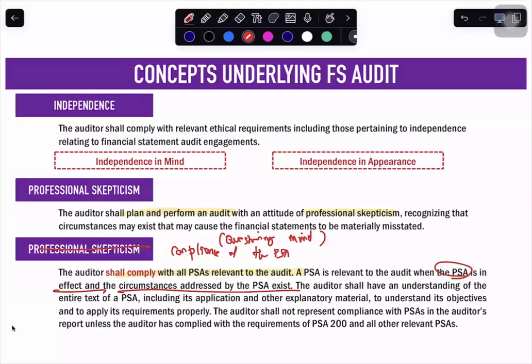So long as the standard is effective, in short, it is relevant to the audit. And always remember, you need to place a statement of compliance with the PSAs in your audit report. So aside from the whole process of our FS audit, always remember, you must have independence, you have a questioning mind, and you must comply with the PSAs.